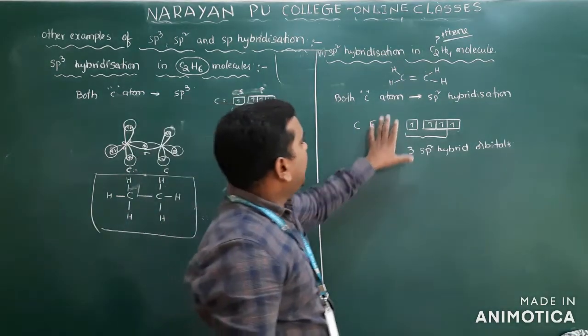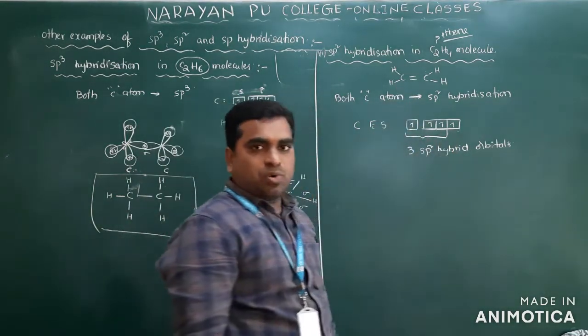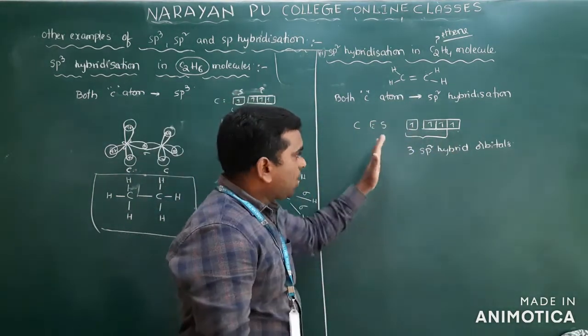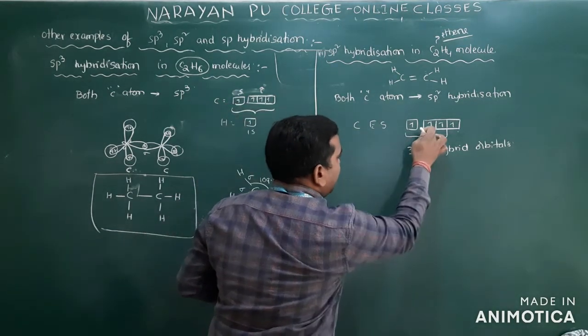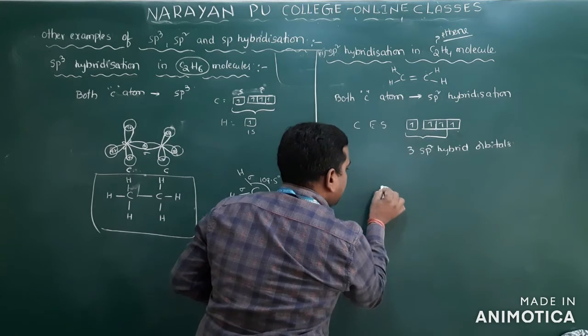So that's why we have three sp2 hybridized orbitals. Clear? Now I will write how the bond formation takes place. The central atom, carbon, has sp2 orbitals.